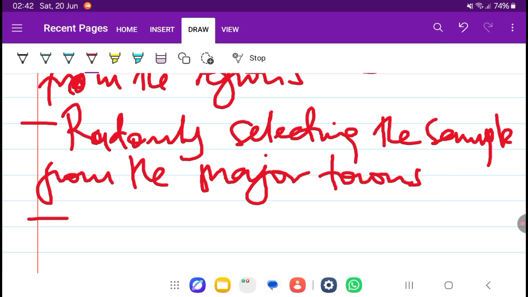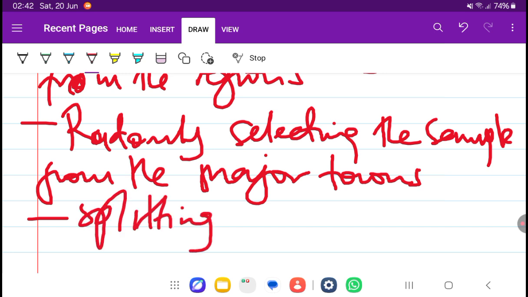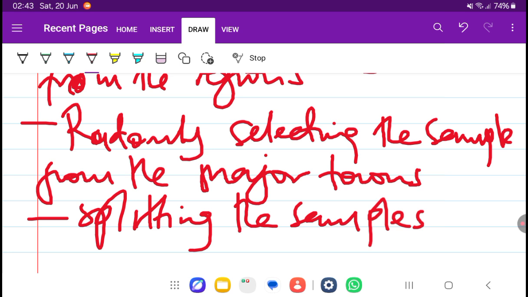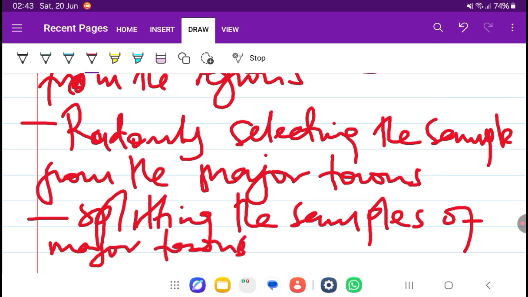Then the second last is splitting the samples of major towns into zones.